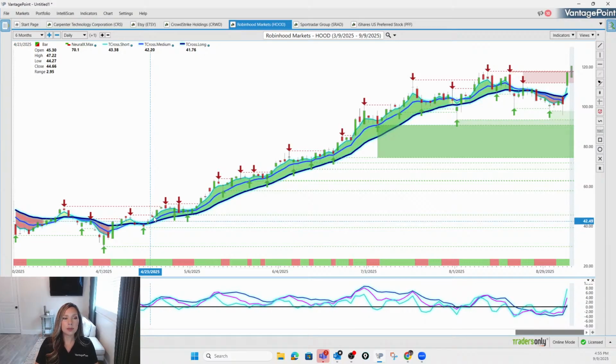Now, once price breaks above that T-cross long level, and I'm going to say 2 days, so two closes above a significant level, whether it be support or resistance or the T-cross long level, or maybe even a different type of key level like a Fibonacci point, breaking out of a channel, or breaking a moving average.